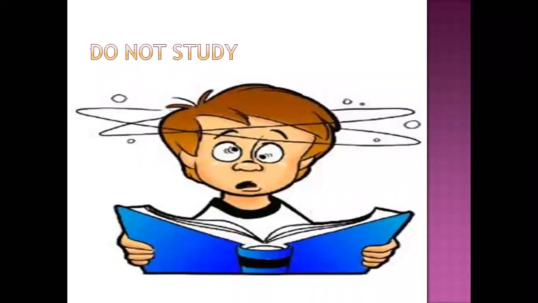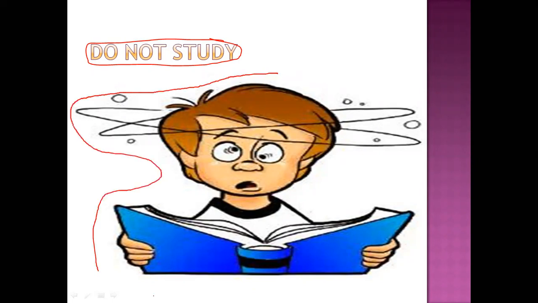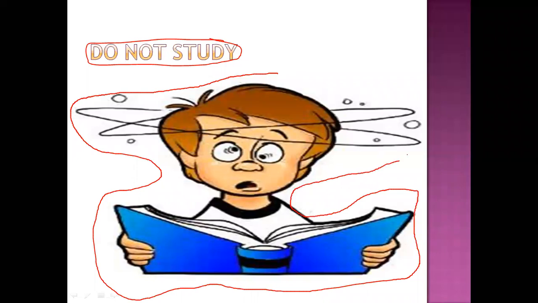If you give such an expression on your face, then when you study photochemistry or physical chemistry, your situation will be like this boy. Now see here, he takes the book in hand to study and his eyes start to move in a circular manner.